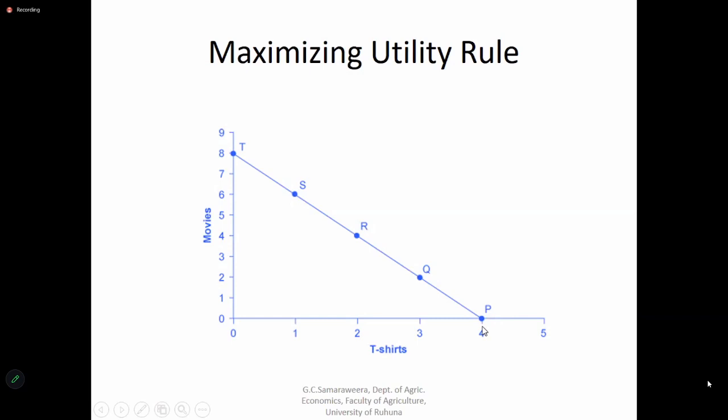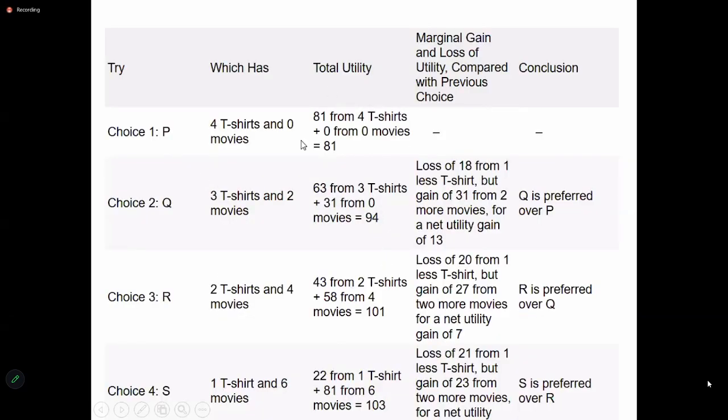Different combinations are there. Let's say total utility is 81 at point P. I'll just explain one and accordingly you can think about the others. No need to write all of these down.